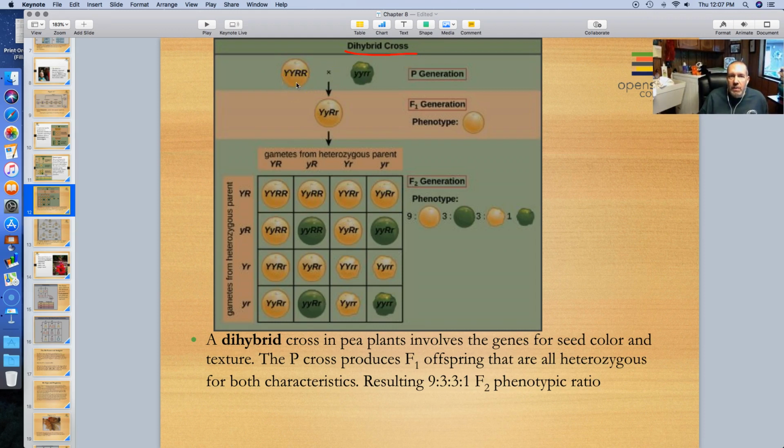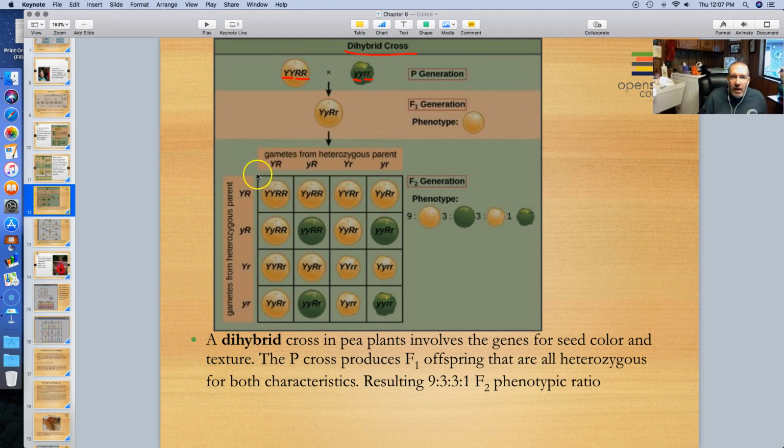So in this case, he was breeding individuals that had yellow-colored peas, and also the other characteristic was round versus shriveled. So yellow and round are both dominant characteristics. Green and wrinkled, I guess I said shriveled, but wrinkled, are both recessive characteristics.